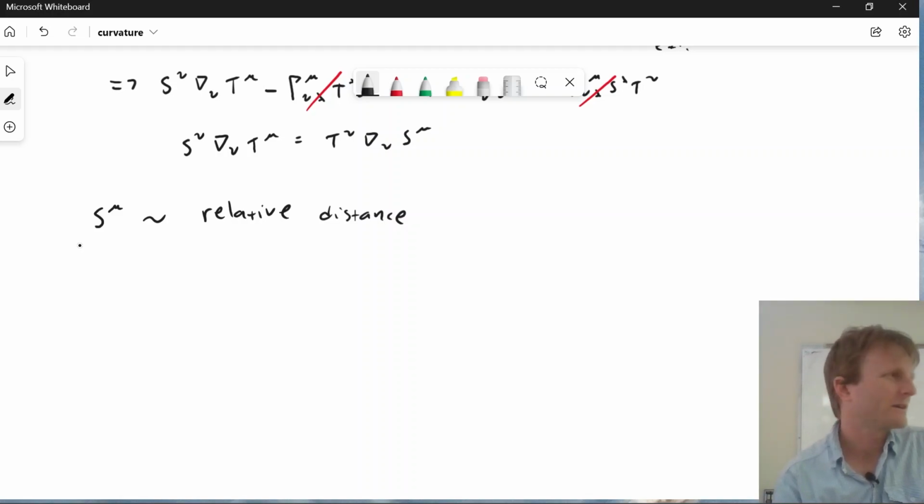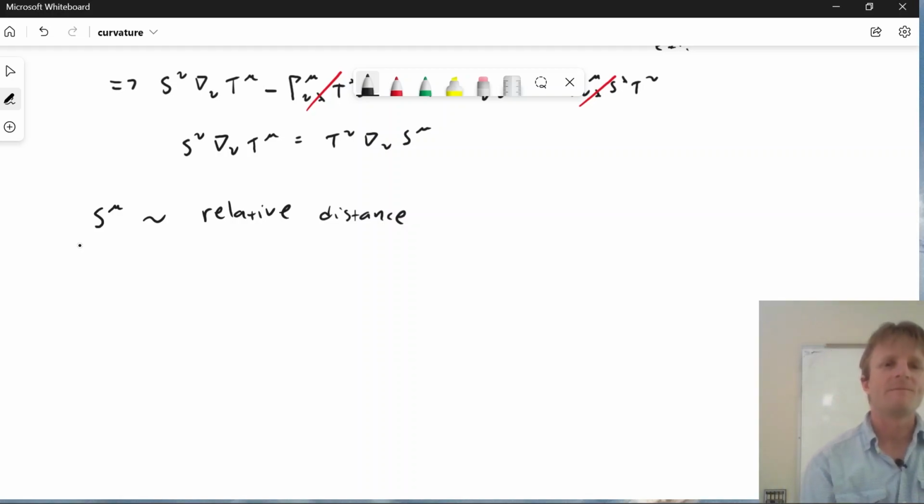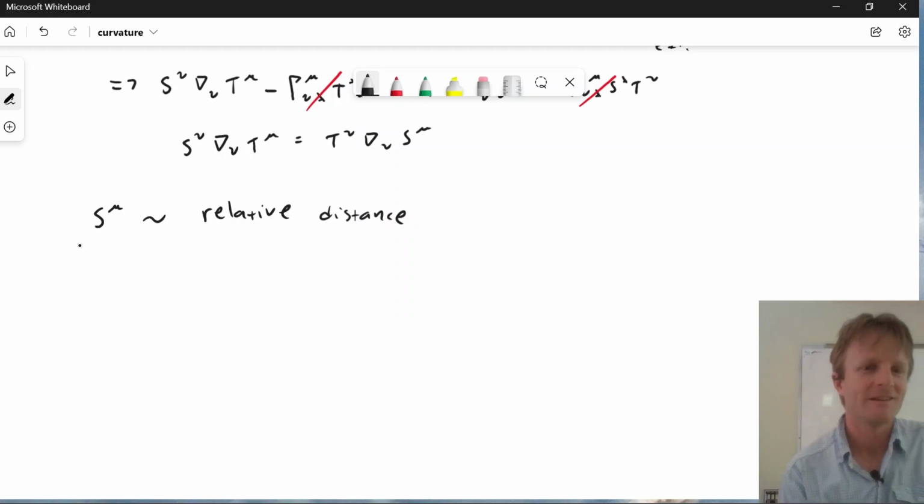Well, but it's coordinate separation. It's not really distance, right? So there's no metric involved. It's arbitrary how you parameterize those world lines by S. So it's some notion, squiggly proportional to, as if similar to, relative distance.